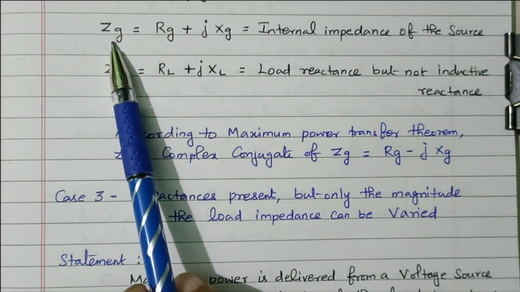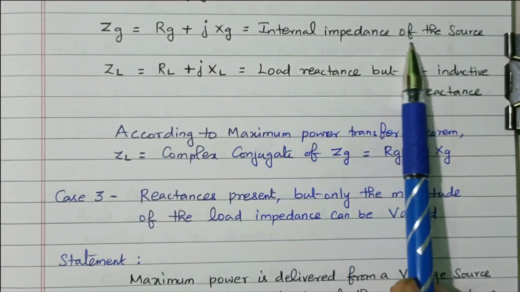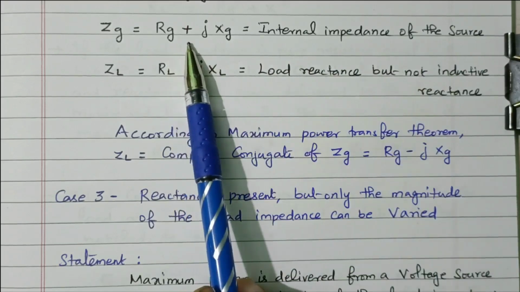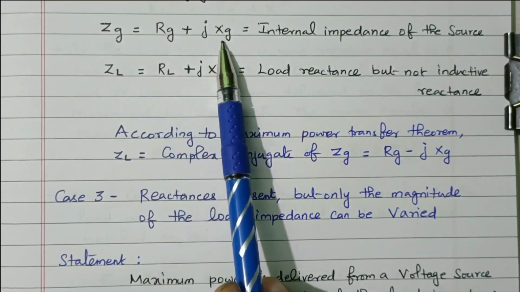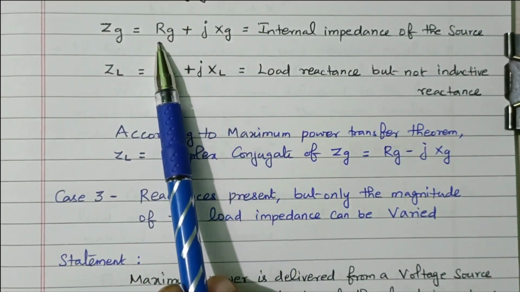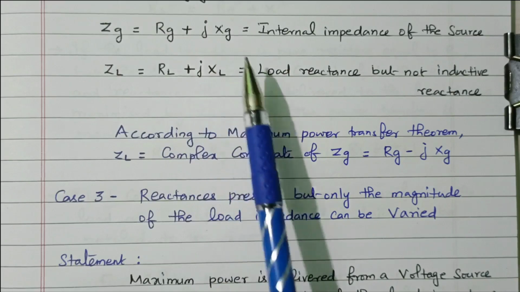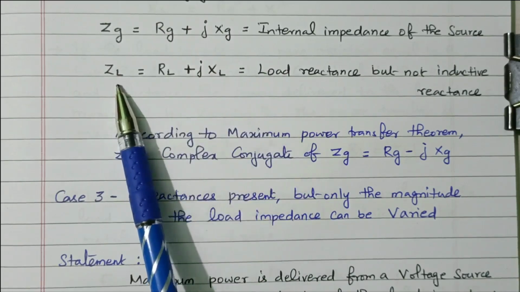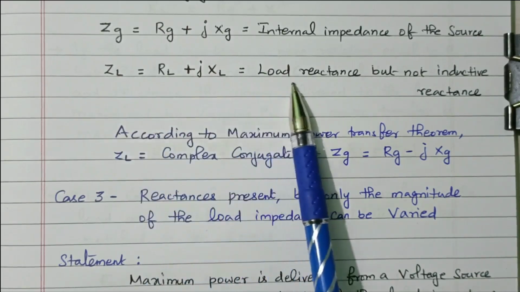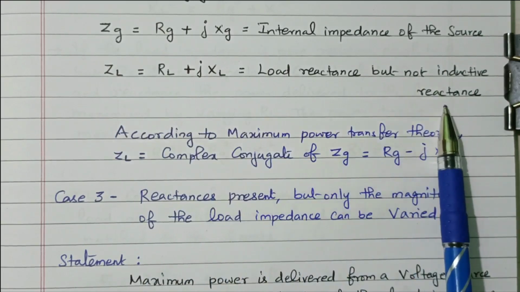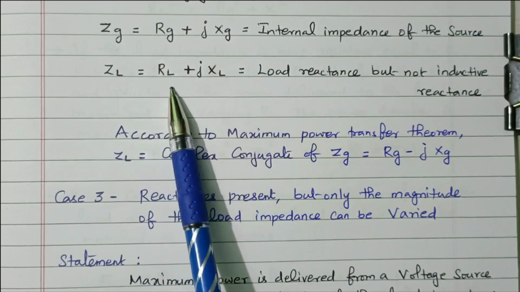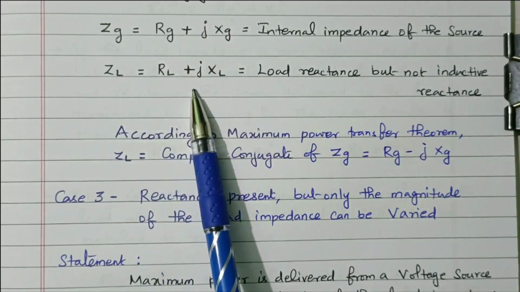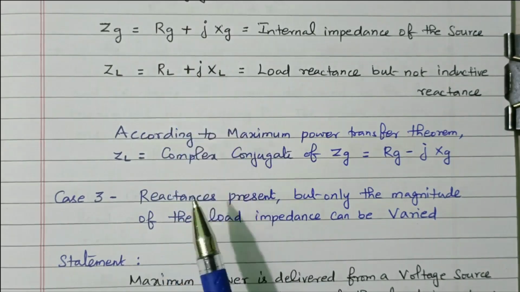The internal impedance of the source we can take as Zg equals Rg plus jXg, right? Previously we had only resistance, now we have impedance also. Then ZL is RL plus jXL, the load reactance. So this is the system internal impedance, and this is the load impedance. Based on the condition, both are complex conjugates.